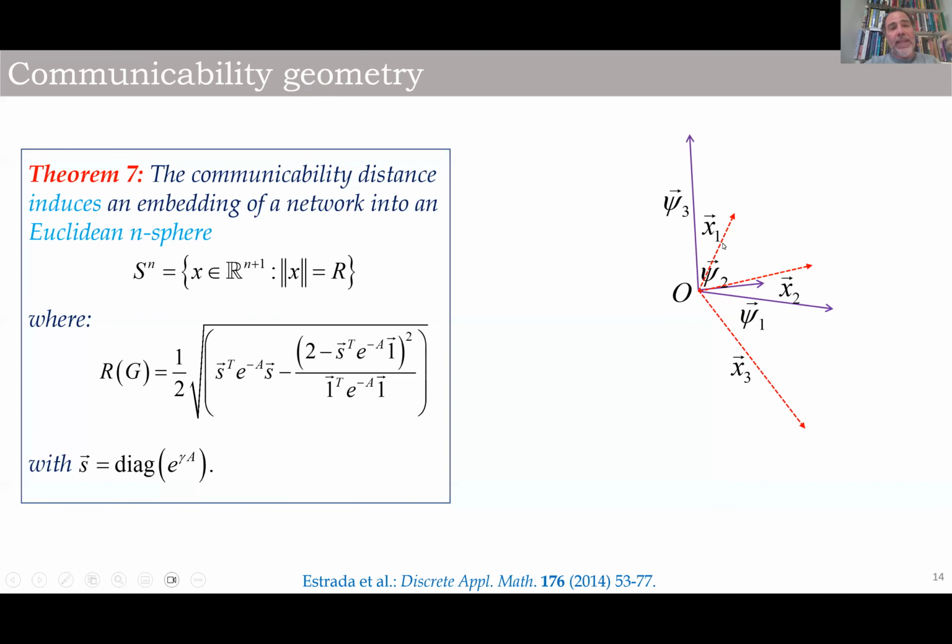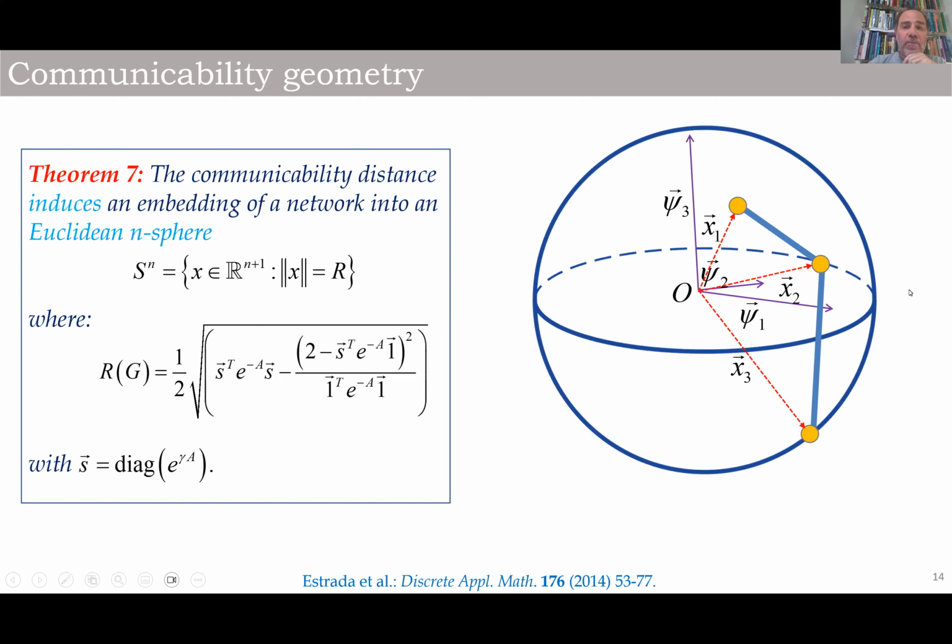Remember that they contain information on all the eigenvectors and eigenvalues of the corresponding adjacency matrix. But these position vectors give you the place in which these three nodes are collocated on the surface of one particular sphere, such that the communicability distance is just the chord between the two corresponding nodes in this sphere.